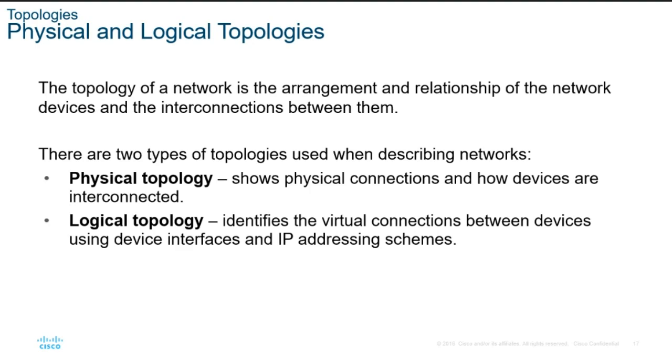Yung logical topology naman refers to the way a network transfers frames from one node to the next. It identifies the virtual connections between devices using device interfaces and also the IP addressing scheme. Yes, makikita natin din yung interface, naka-connect at ano yung IP address.